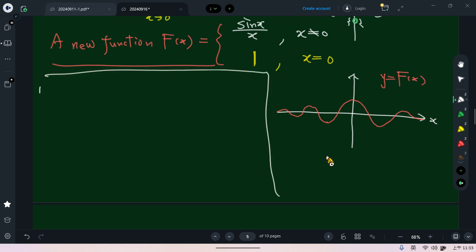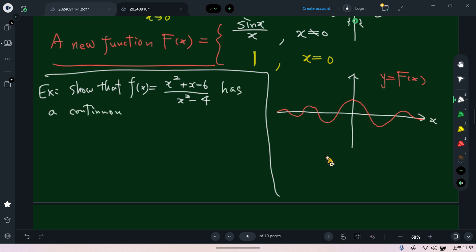Okay, so if I ask you to show that f of x is x squared plus x minus 6 over x squared minus 4 has a continuous extension to x equal to 2, and define its extension.